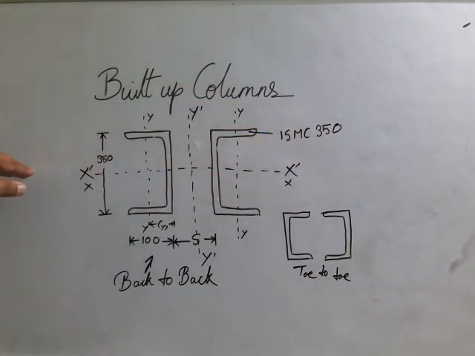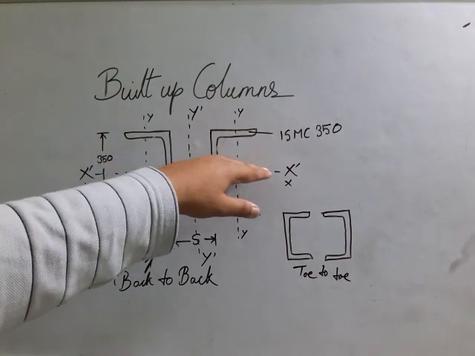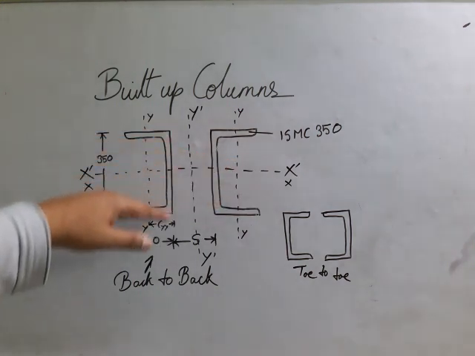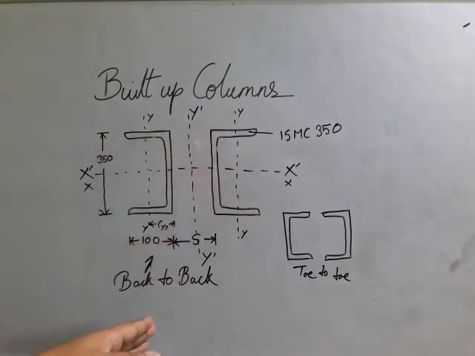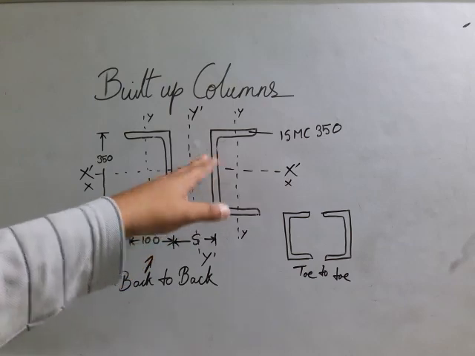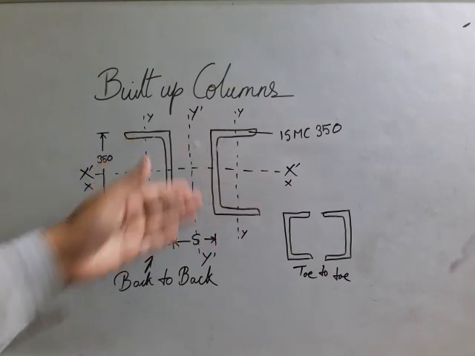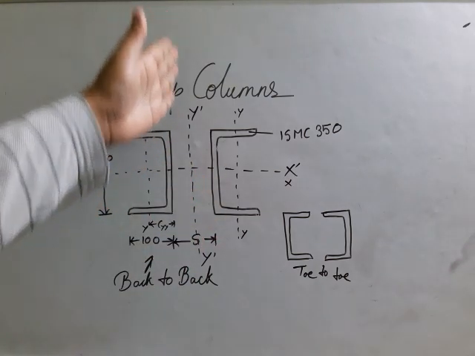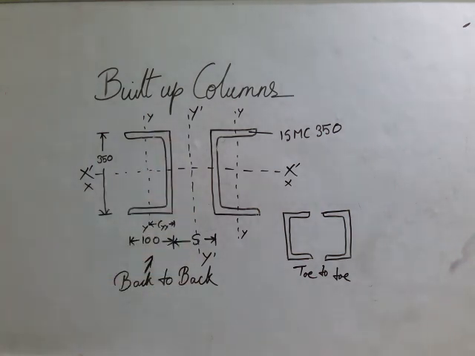The built-up column's x-axis gets merged with the x-axis of the individual sections, and the y-axis of the built-up column does not get merged like that. You can see it's logical, and so they are located at different positions.